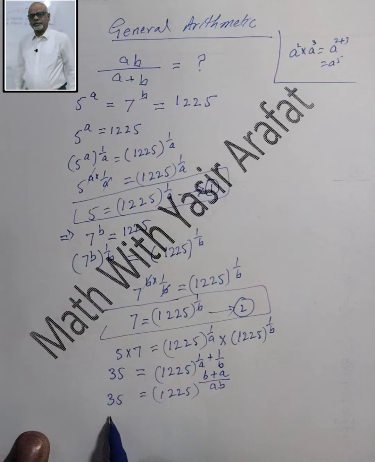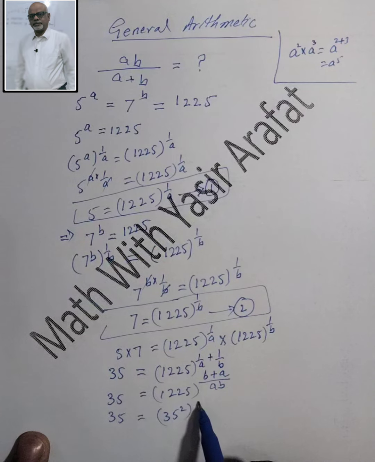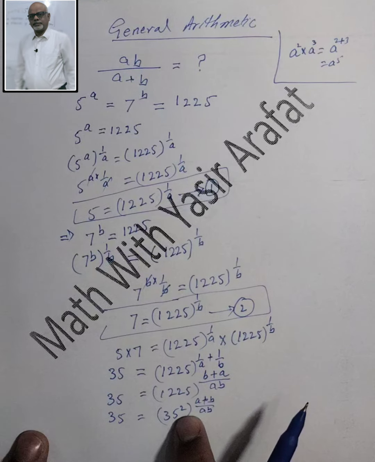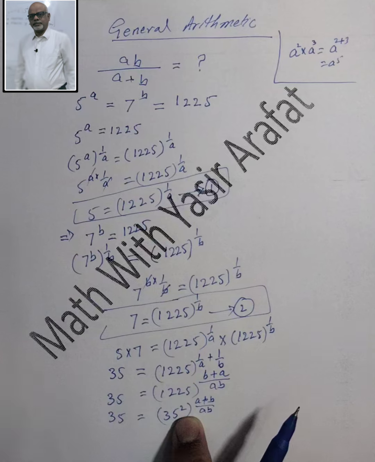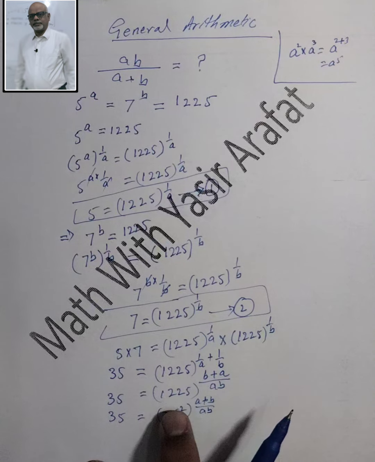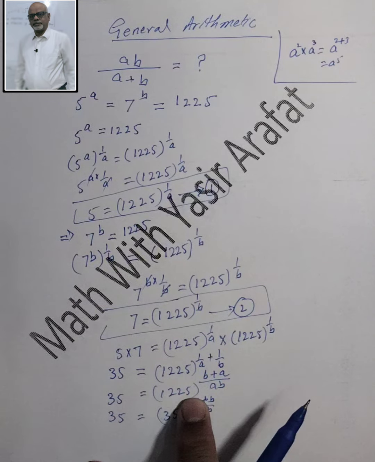Or we can write this as 35 equals 35 squared to the power a plus b over ab. 35 squared means 35 multiplied by 35, which gives us 1225.